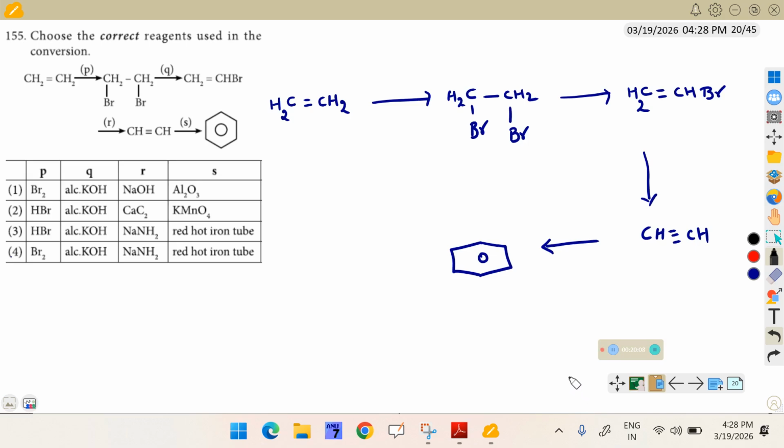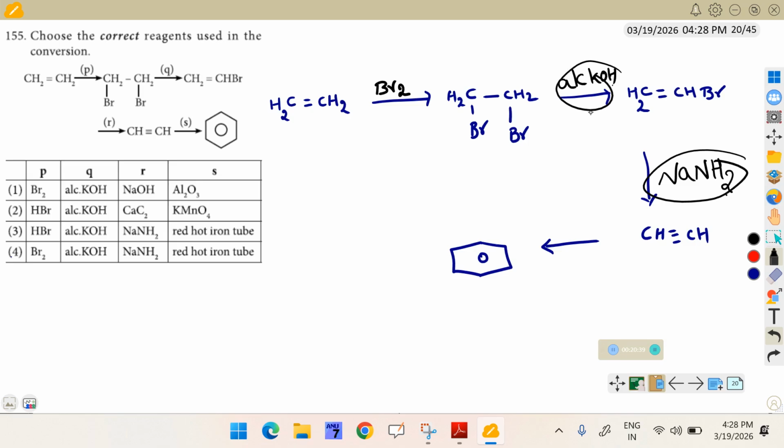Conversion based question. Alkenes react with Br2, then it gives 1,2-dibromoalkane. The 1,2-dibromoalkane is next converted to the alkyne, so dehydrohalogenation takes place. Use alcoholic KOH followed by sodamide, NaNH2.